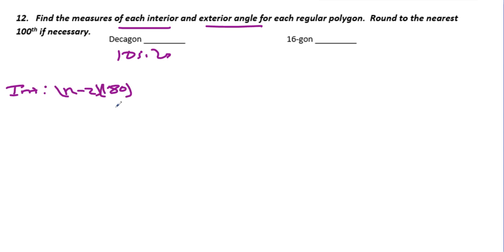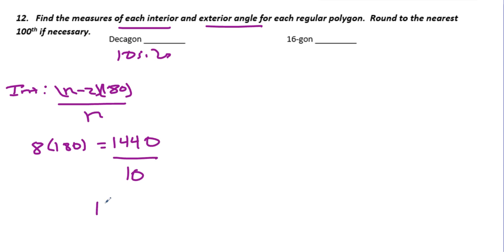That gives me the sum, and we're just going to simply divide by the number of sides. So n minus 2, given 10 sides, is going to be 8 times 180, which is equal to, using the calculator, 1,440. And then I need to divide by the number of sides. So I'm going to take that, divide by the number of sides, and I get 144 degrees.